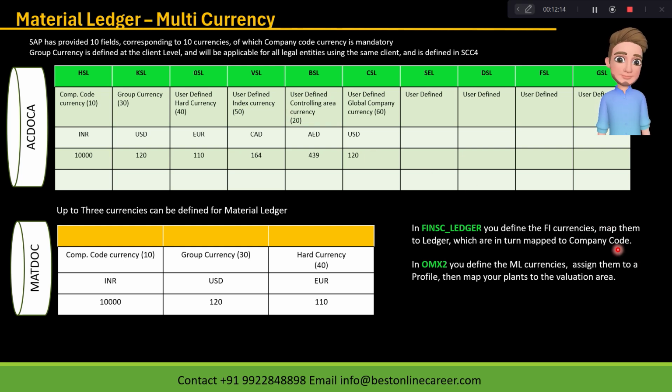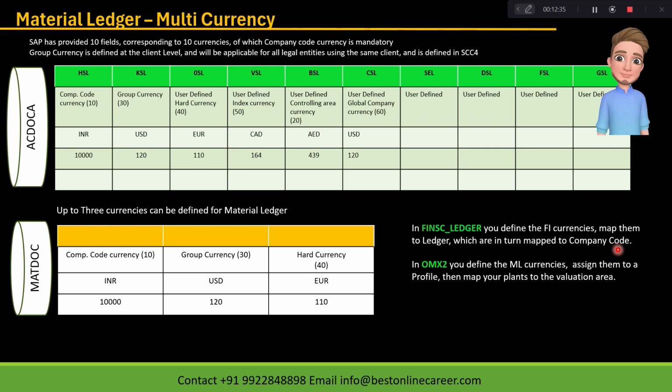Both are possible: the same ledger can be mapped to multiple company codes, and a single legal entity can have multiple ledgers. It is an M to N relationship, but for the purpose of our discussion of material ledger, we are not deep diving into that because that will unnecessarily cause confusion at this juncture.